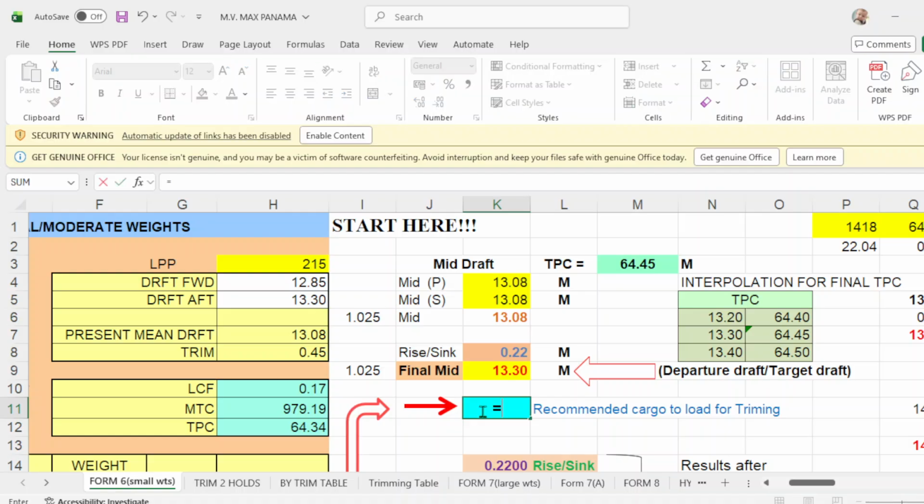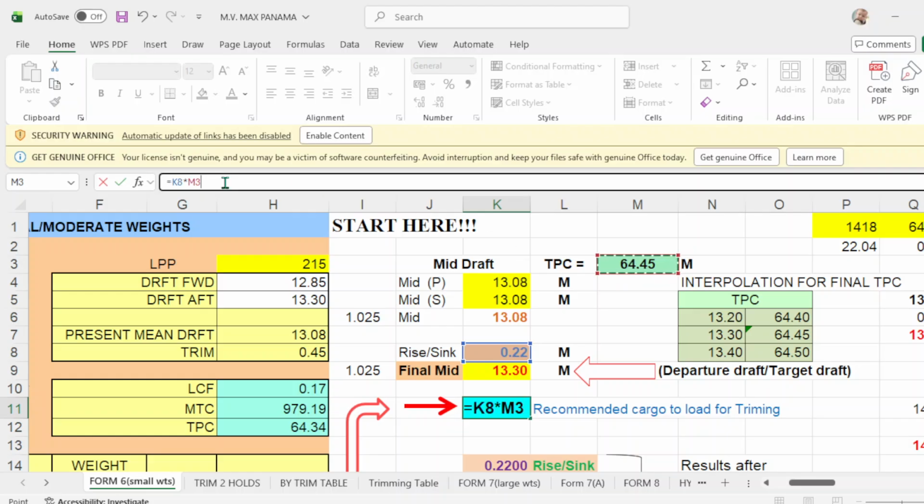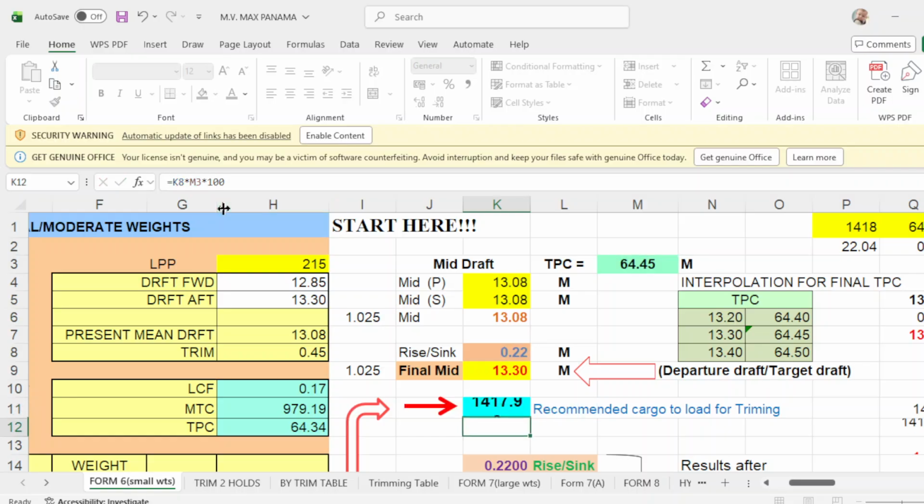You put equals, then you click your sinkage of 0.22, multiply by your TPC from your sailing draft of 13.30, then multiply by 100 and you will get 1417.9. So this is the recommended cargo to load to reach the 13.30 departure draft.